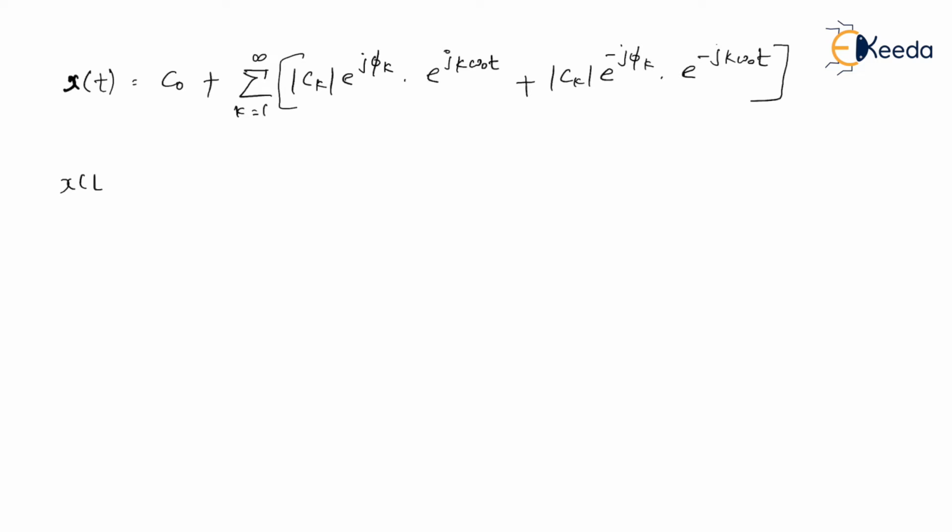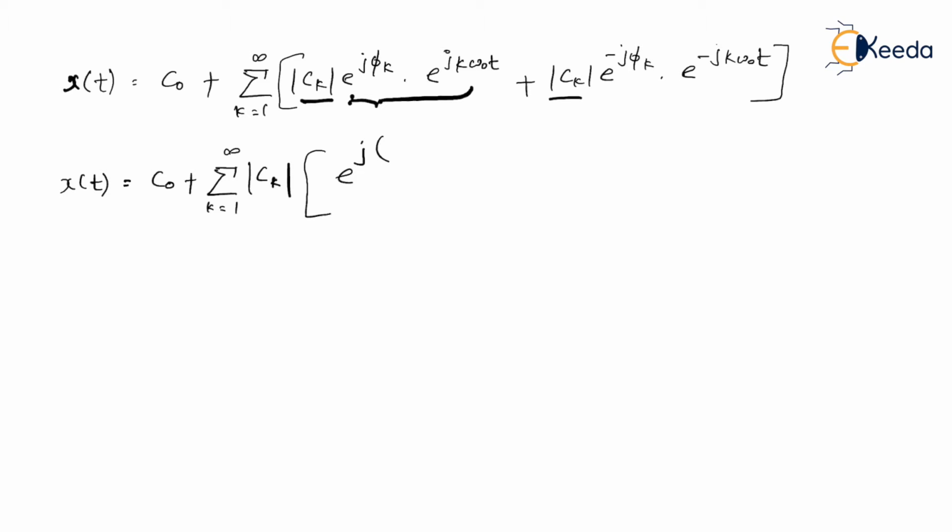So let us continue. X of t is equal to c naught plus summation k equal to 1 to infinity. Now see carefully, mod of ck and mod of ck is a common factor. I can write mod of ck as it is. Then we know law of indices. E to the power j phi k, e to the power j k omega naught t can be written like this.